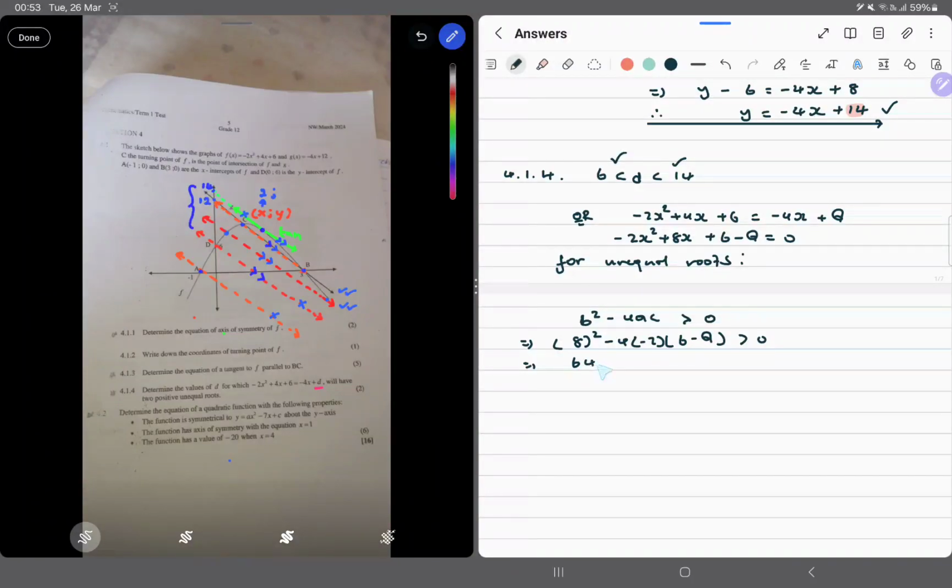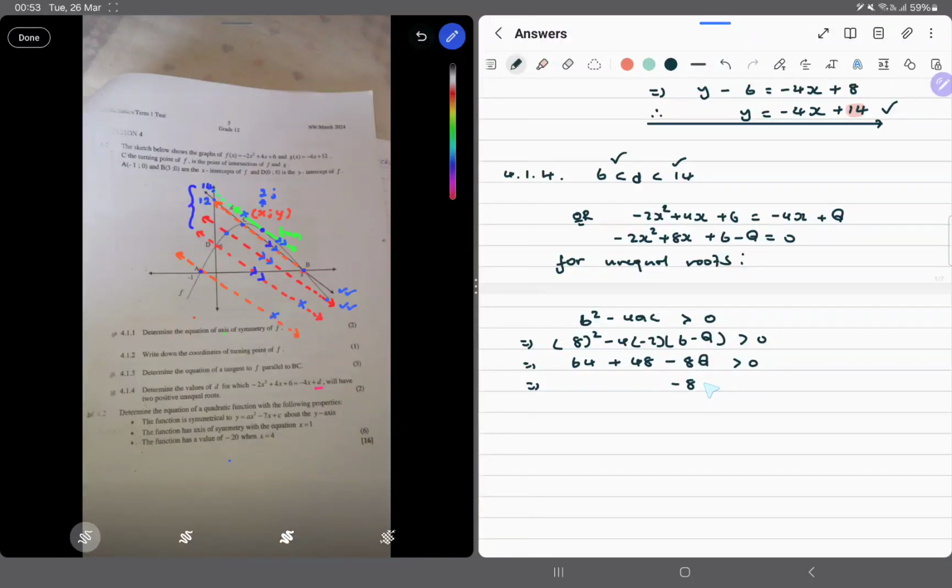This implies that 64 plus, this is 8 times 6, what is it? It's 48. Plus, no, it's going to be minus 8d must be greater than 0.